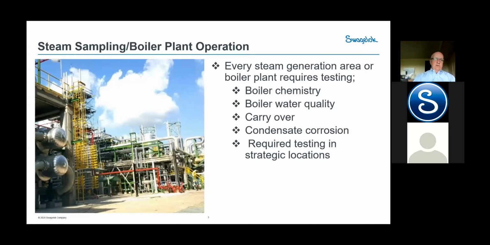As shown here, this is a chemical processing plant, and they'll have steam generation units, heat recovery units, sitting out in the process area itself. So not only in the boiler plant or utility plant, there are sampling systems out in the facility if we are generating steam from heat recovery systems.